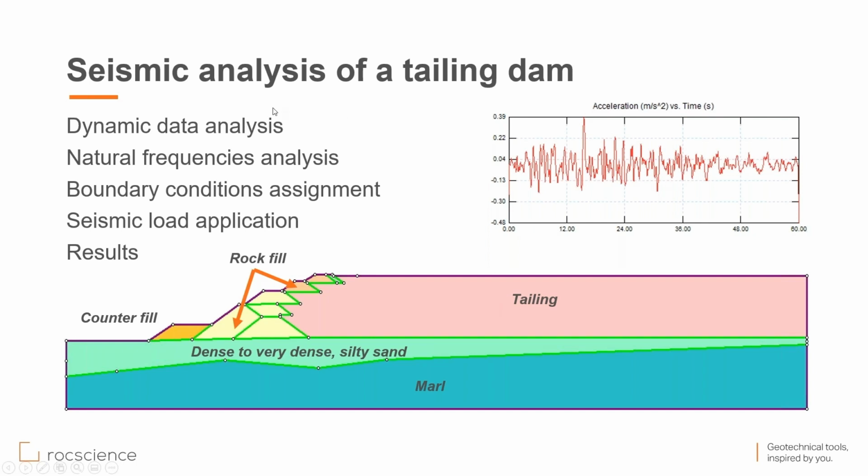And in this example, I will show you how to do a dynamic analysis, and I will also show how to run a natural frequency analysis in RS2 as well. I will also assign the boundary condition for this particular dynamic simulation, and the seismic load application, of course. And I can also show you how to view the dynamic results in RS2.